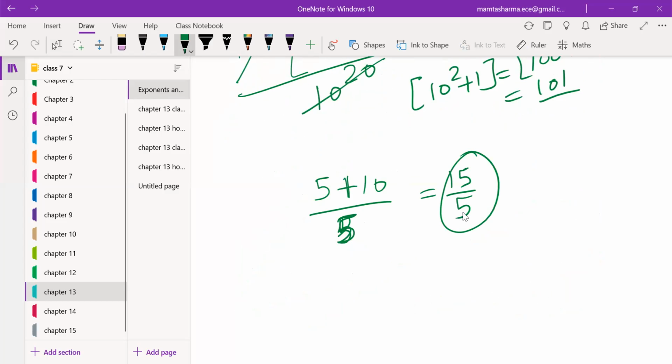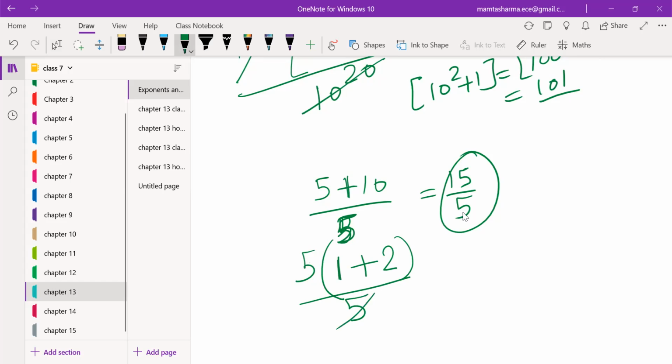So the second method is that you can take 5 to the power 20 as common. When you take it as common, you are left with 1 in the first term and 2 in the second term, because 5 twos are 10. Write the denominator as it is.